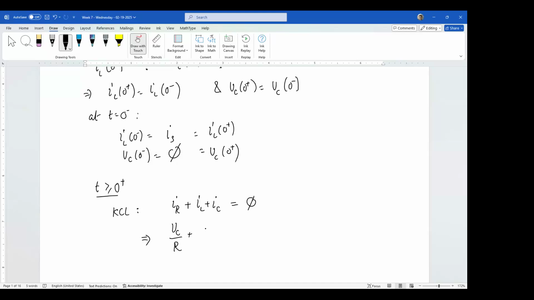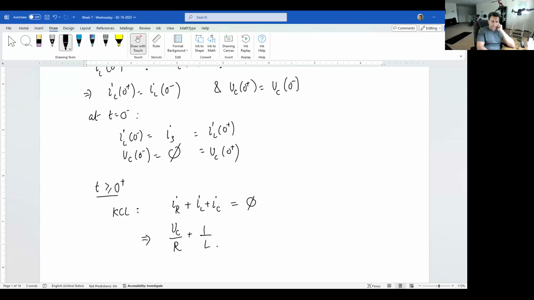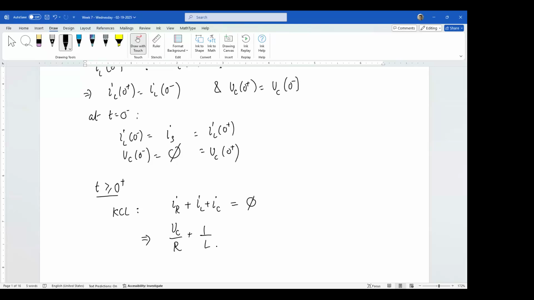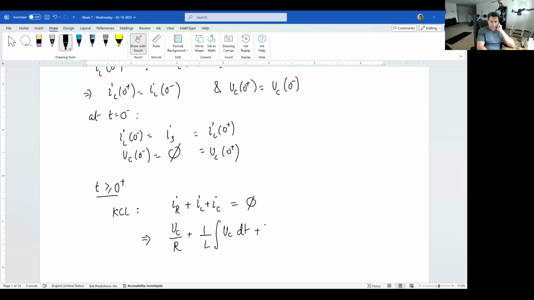Is it 1/L integral of V dt? 1 over L, go ahead. The integral of V dt. Mm-hmm. Plus the initial value of the inductor current.